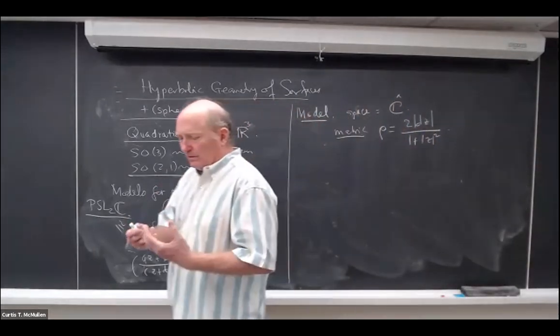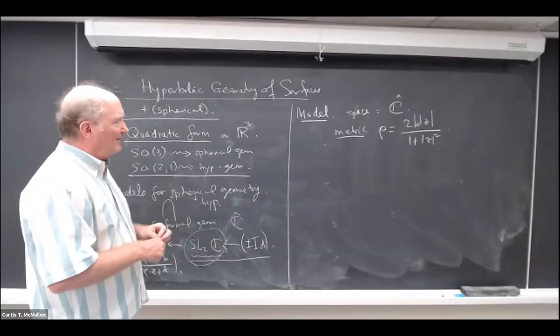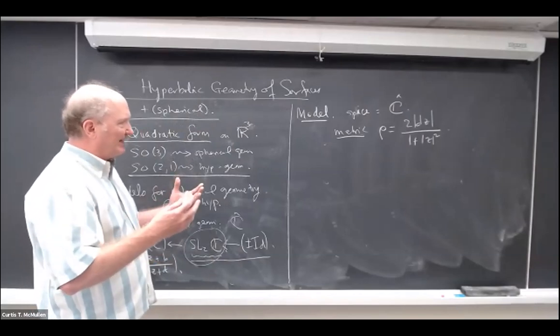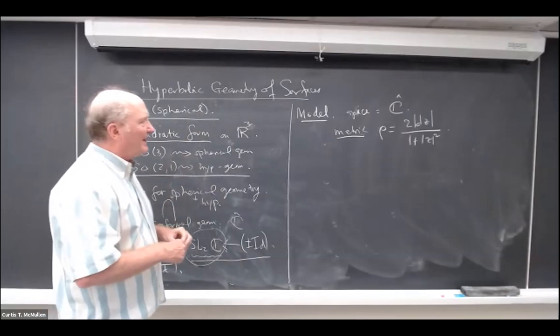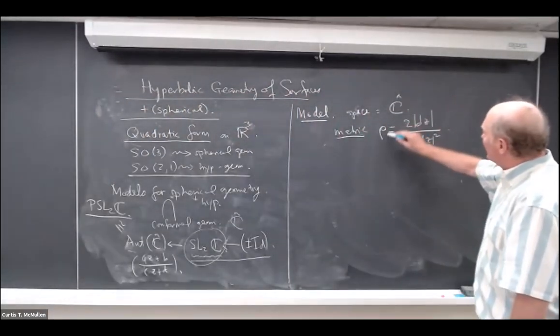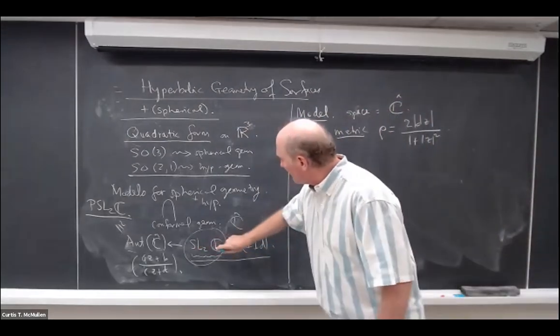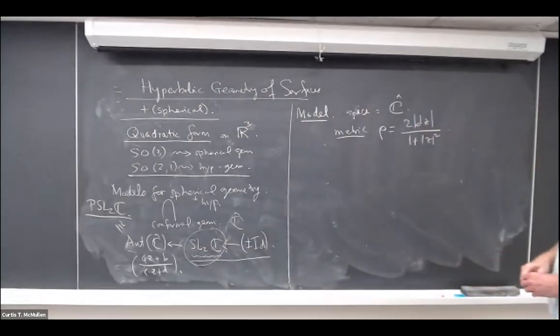And now, what's of critical importance in the discussion of a space like this is the isometry group of the space, the symmetry group of the Riemann sphere that preserves this metric. Now, if you preserve a metric, you have to preserve the conformal structure. So the symmetry group will be a subgroup of SL2C.